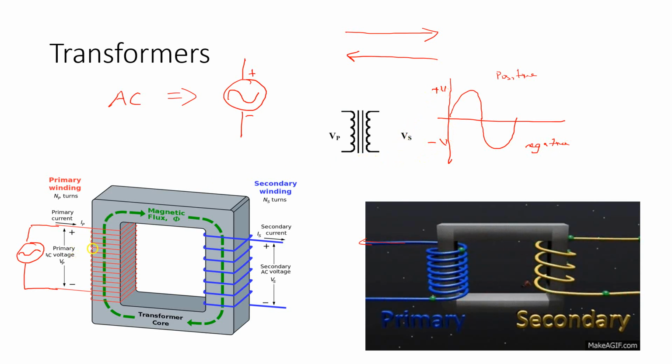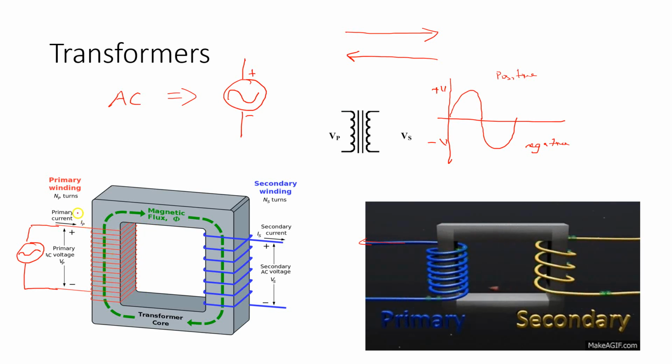Now, how the transformer works is that whenever you take alternating current, as you can imagine, you're basically allowing electrons to flow around the wires here. And if you remember anything about this, if we have wires wrapped around in such a manner, this becomes a solenoid.